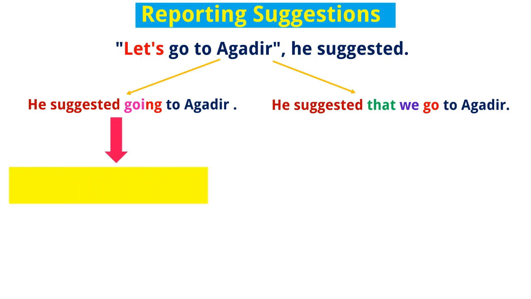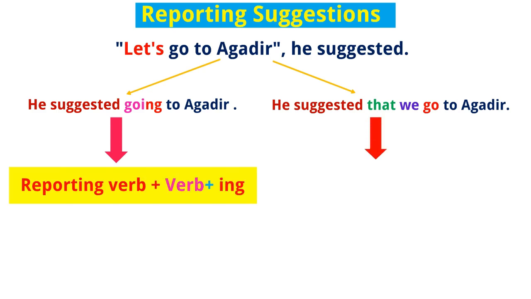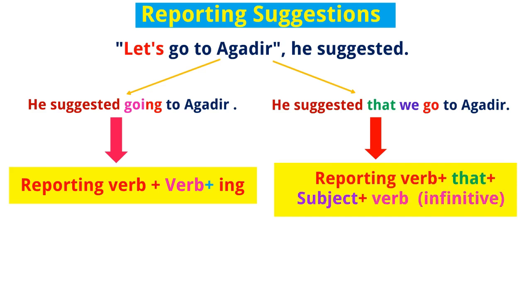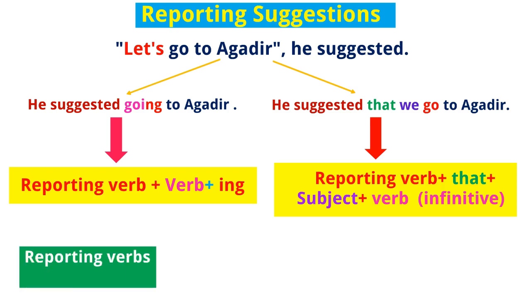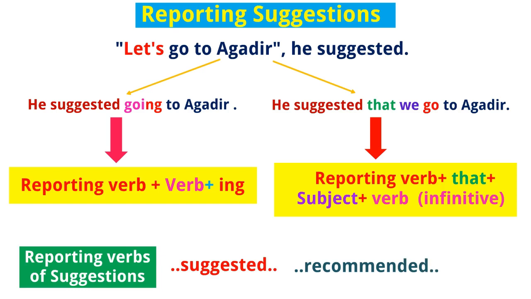So in the first sentence, we apply this rule, which is reporting verb plus -ing. And in the second one, we apply this rule: reporting verb plus that plus subject plus verb in the infinitive. Both these rules are correct when reporting suggestions. Reporting verbs of suggestions are suggested and recommended, etc.